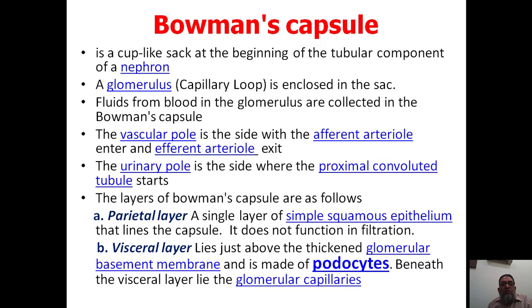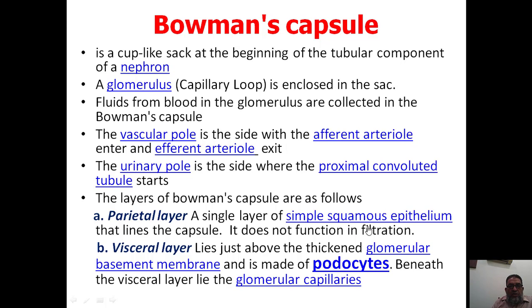So always remember, you have seen the diagram, that one pole is the afferent and efferent arteriole, another pole is the proximal convoluted tubule. The proximal convoluted tubule is the urinary pole, whereas the afferent and efferent arterioles are the vascular pole of a Bowman capsule. The afferent arteriole carries blood from the renal artery toward the capsule, where the efferent leaves the capsule.